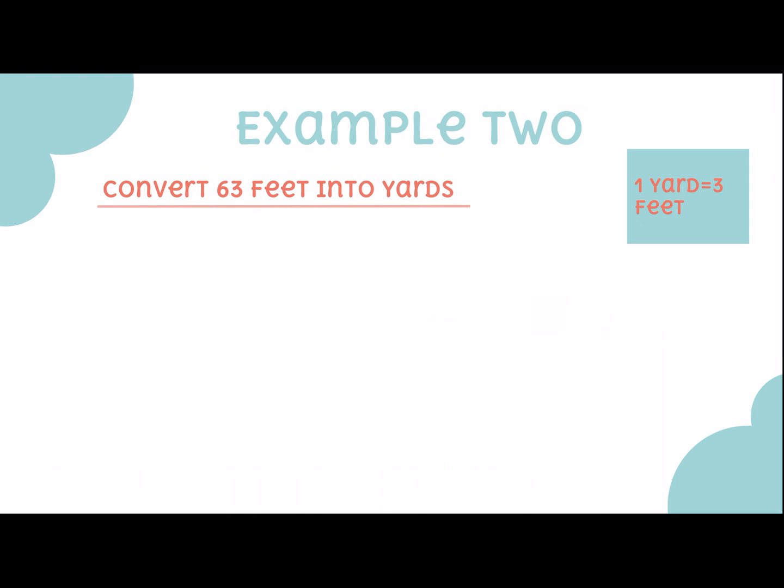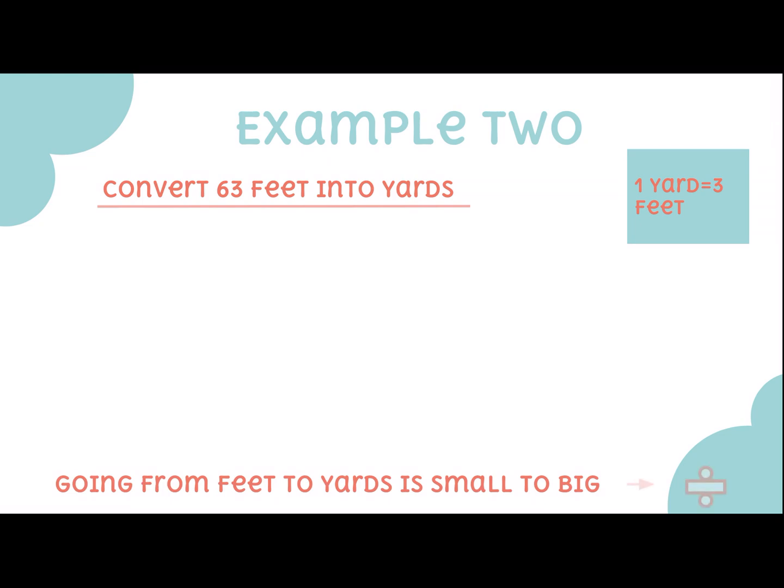So let's try another one. Hopefully you'll get the process. If we're going from 63 feet into yards, in 1 yard there are 3 feet. And for this one, we are going from feet to yards. So we're going from a small unit to a bigger unit, which means we need to divide. In the same way, we're going to start with 63 feet, the given information.